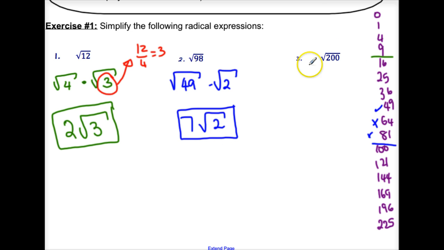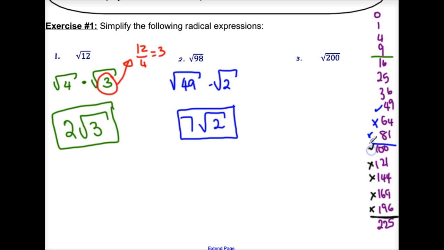Now let's look at 200. So we know it's going to be somewhere up here. Is 196 a factor of 200? Nope. Is 169 a factor? No. Is 144 a factor? Nope. Is 121 a factor? Nope.